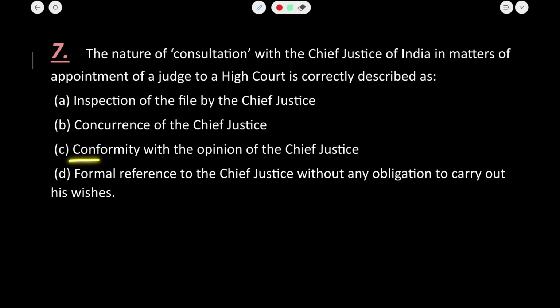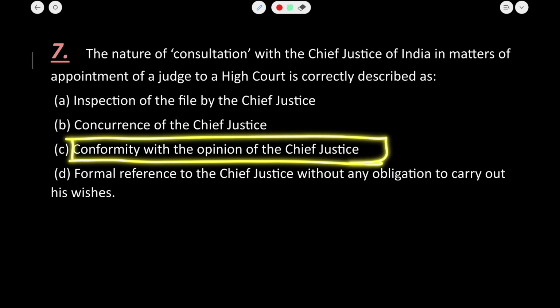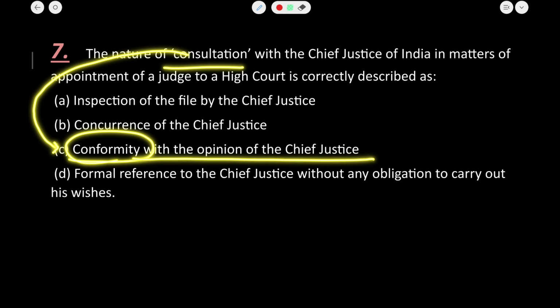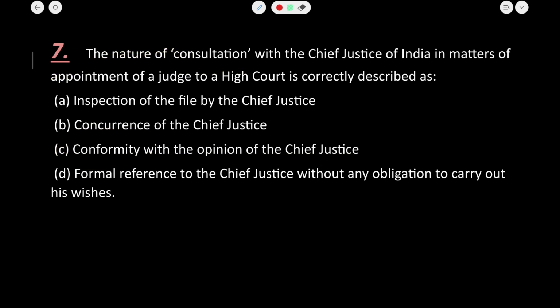So it is conformity with the opinion of the Chief Justice of India. This is a legal term. You need not go to so much depth in this statement, but you need to know that this consultation is not just merely a consultation, but conformity with the opinion of the Chief Justice. So C is correct here.